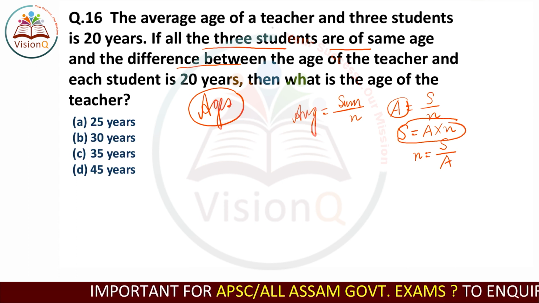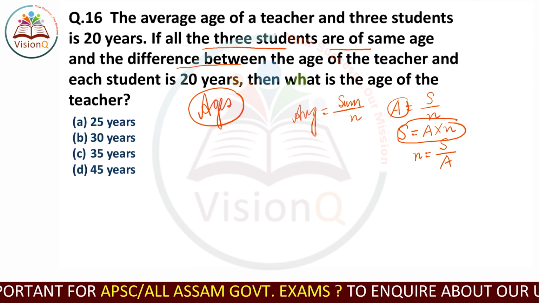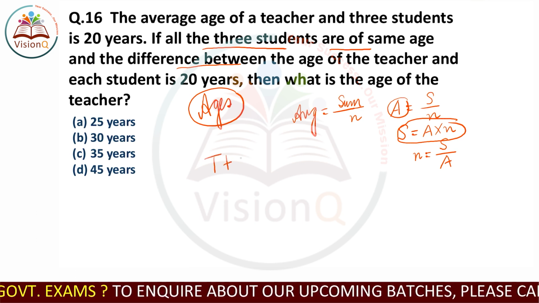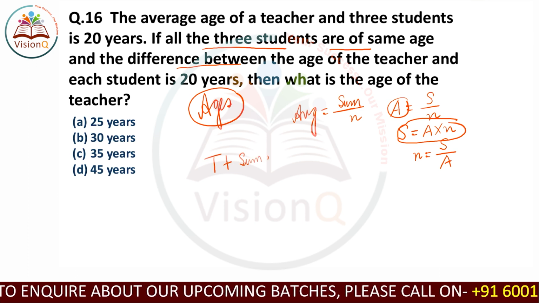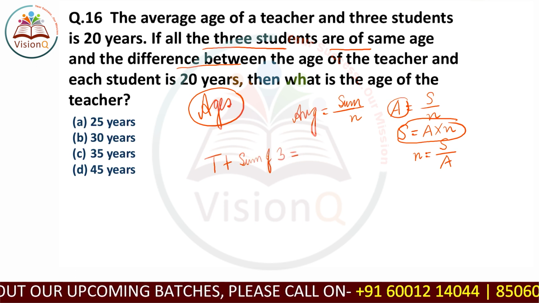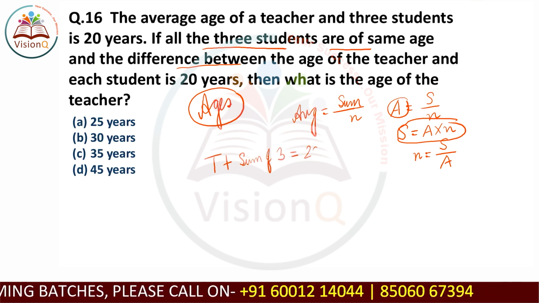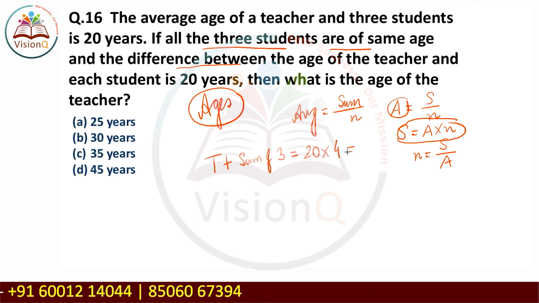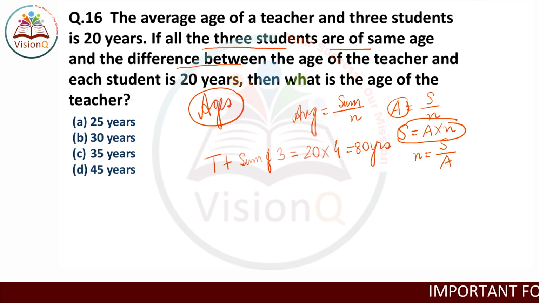Now since there are 3 students and 1 teacher, n is 4. So the teacher's age plus the sum of the ages of the 3 students will be equal to average 20 into n, which is 4. So this will be equal to 80 years. Now there are 4 variables here, the teacher and the 3 students.